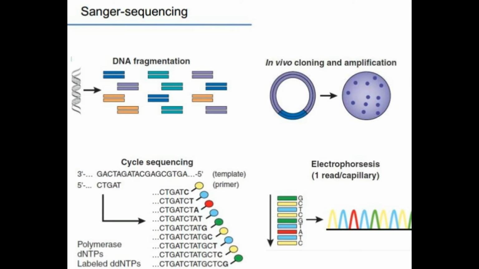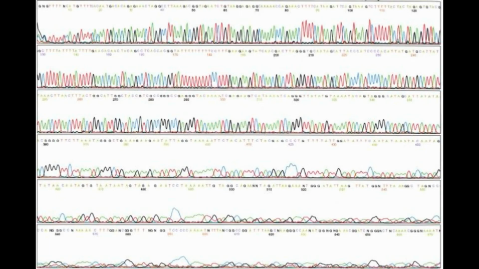And this way, when we run the gel electrophoresis in four different wells, we can see the individual nucleotides, that is A, T, G, and C, arranged in the order of decreasing weight, from top to bottom. And this can be further analyzed and the entire sequence can be generated out of that.